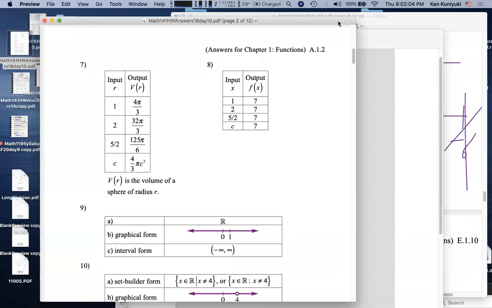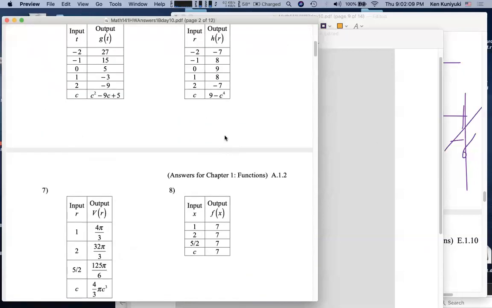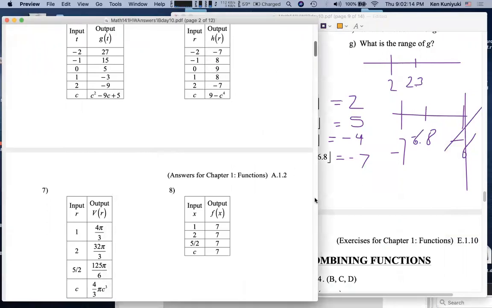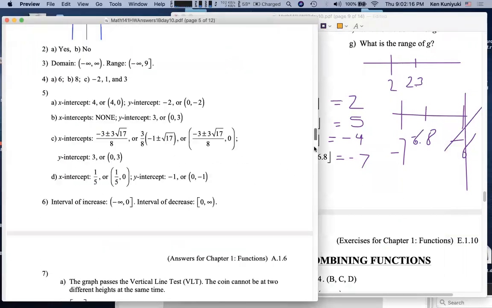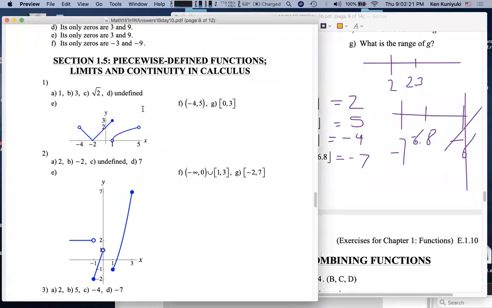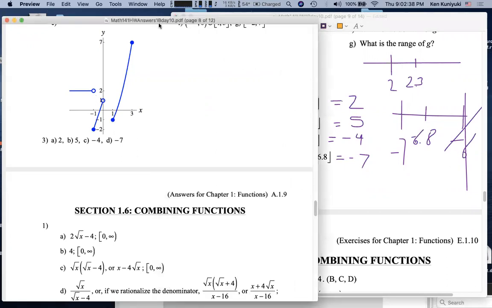Okay, I do have that. Okay. All right, 1.10. See, 1.5. Okay. All right. 1.10 number 3.